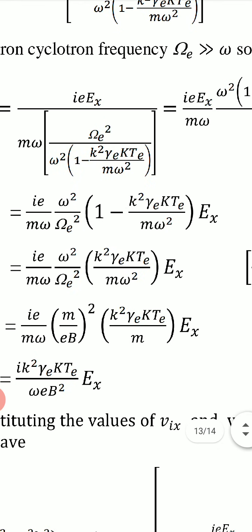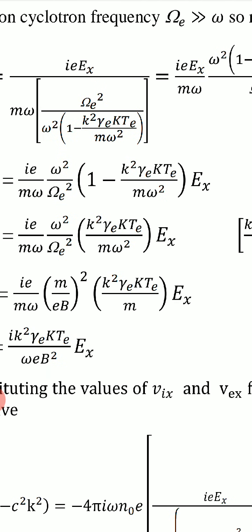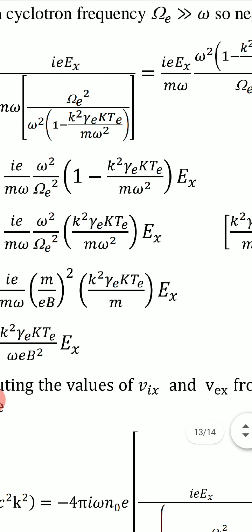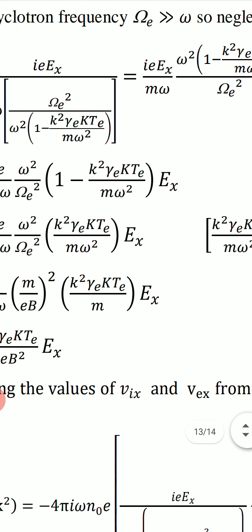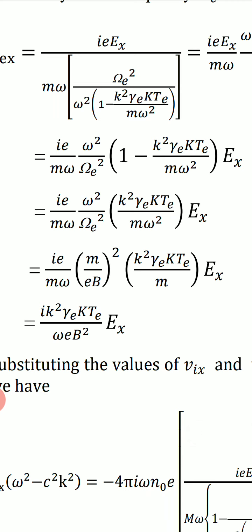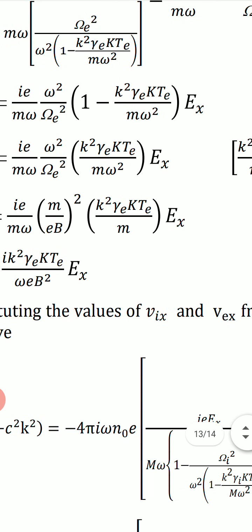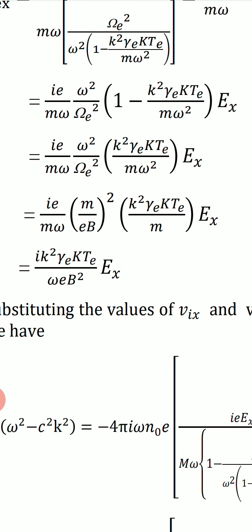Now we write it as i e upon m omega square upon omega e square, 1 minus k square gamma e k Te upon m omega square, Ex. Write Ex in the last. Again, in the next step we neglect the 1, because the second quantity inside the bracket will be much greater than 1.